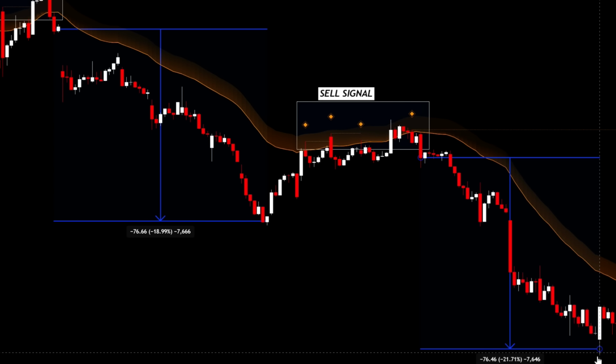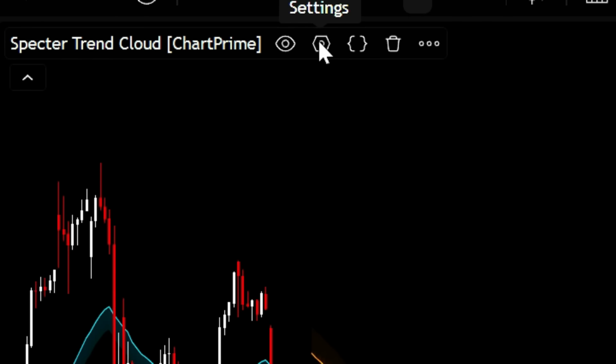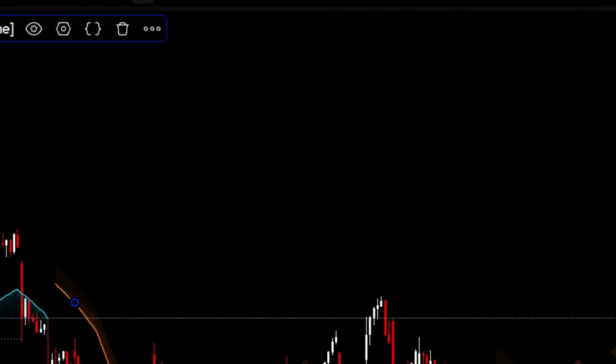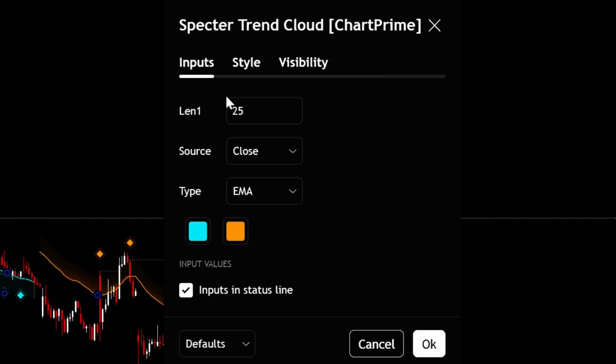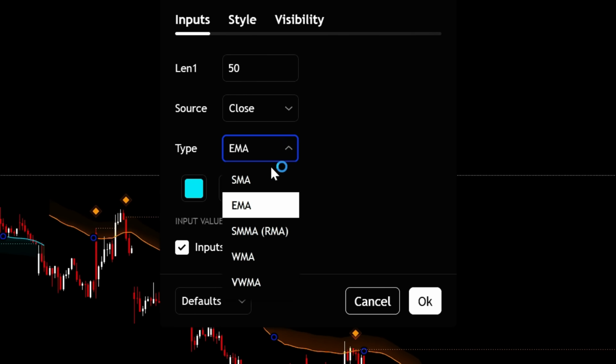By default, Spectre Trend Cloud works well, but with a small tweak, we can make it even smoother. Open the settings, set the length to 50, and change the MA type to SMA.